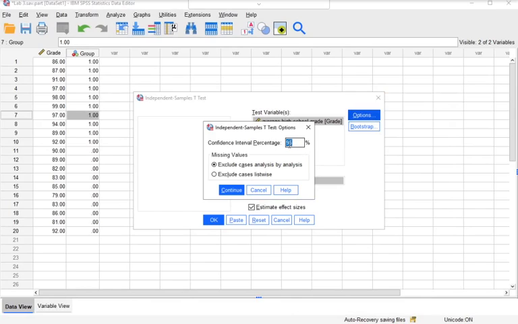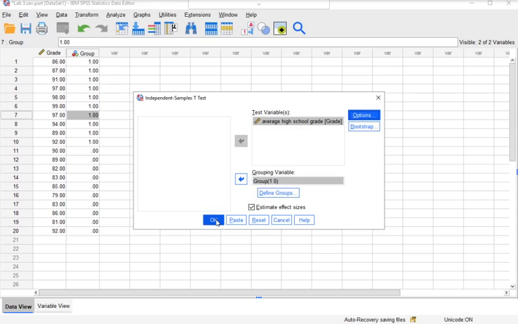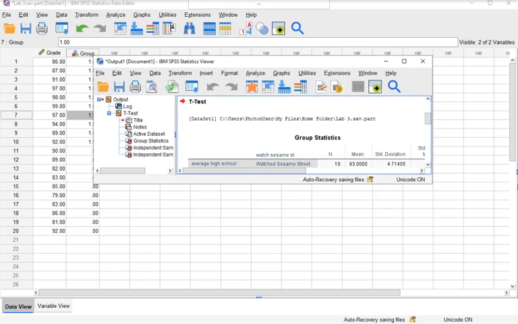I'm just going to keep it at 95%. It's just showing the amount that the statistic, the parameter that we calculate, can vary. Okay, so then I'm just going to press OK, and then it spits out our t statistic.